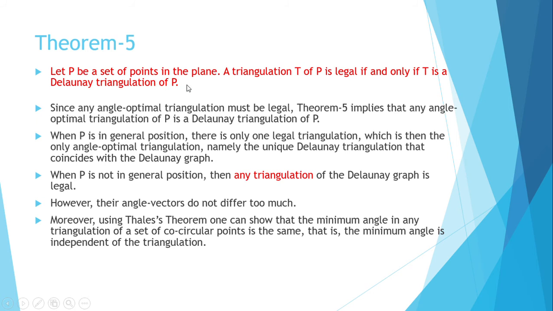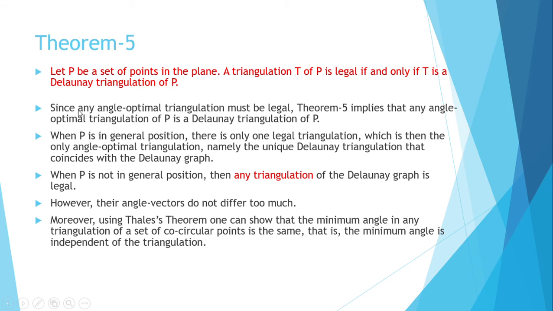Let P be a set of points in the plane. A triangulation T of P is legal if and only if T is a Delaunay triangulation. What they are trying to say is that a triangulation is said to be legal if and only if it is a Delaunay triangulation. There are other triangulations other than the Delaunay triangulation.